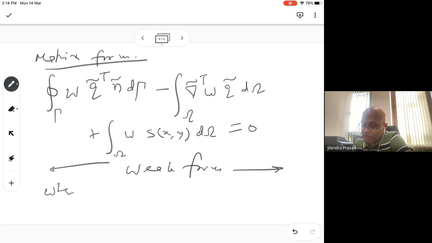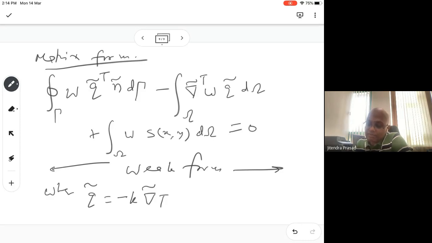Here you can also write Q tilde is equal to minus K del T, so you write minus K, here delta, and then you write T.